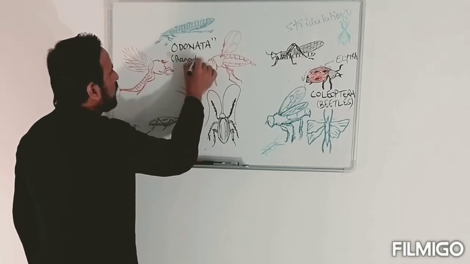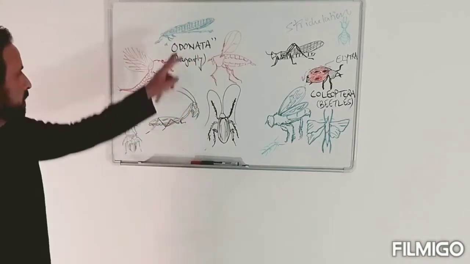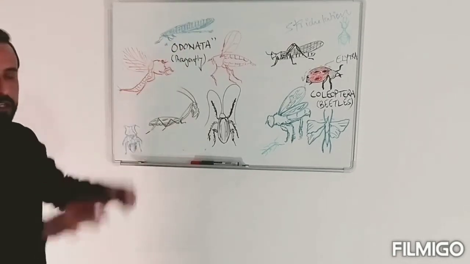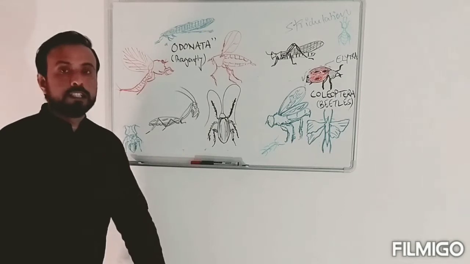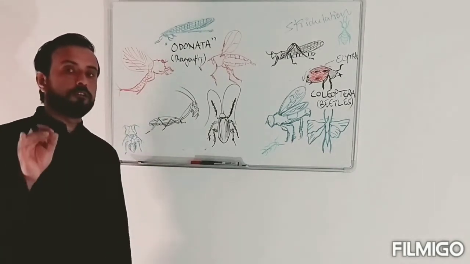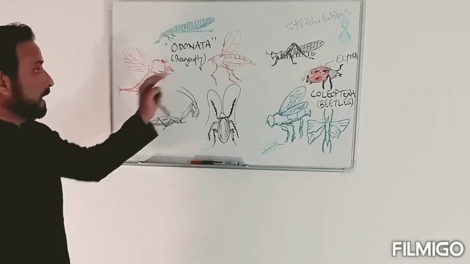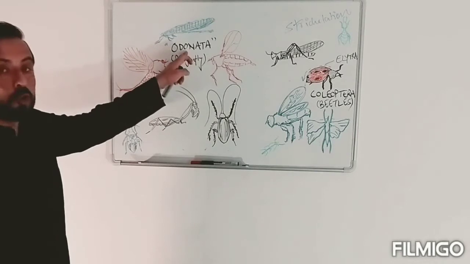Dragonfly, right? You must have seen this kind of structure somewhere in the garden. They are basically very friendly to humans because they are predators of pests. They can eat certain kinds of other pests. So dragonflies or damselflies belong to the Odonata order.